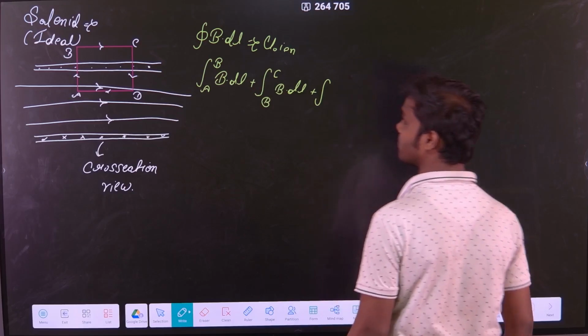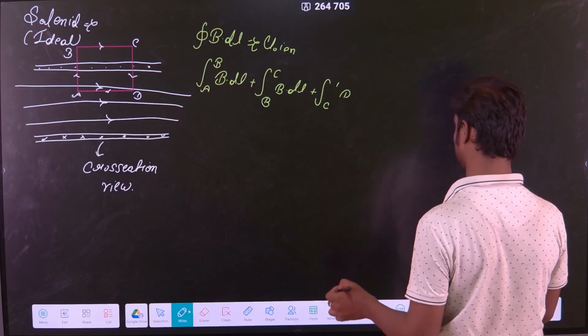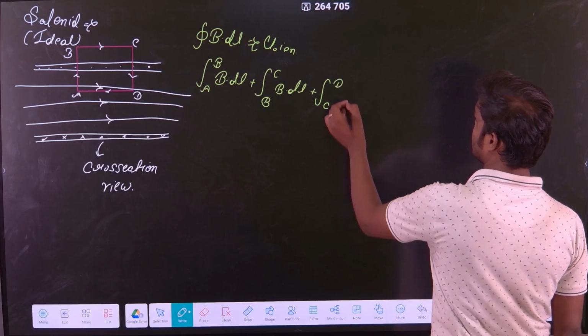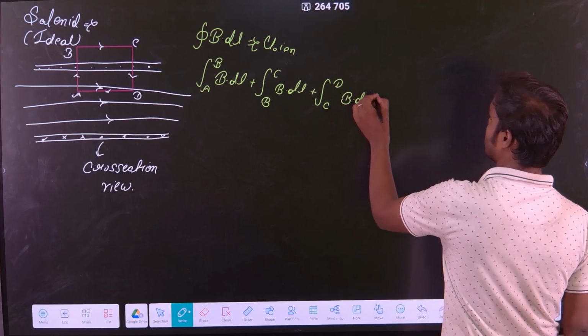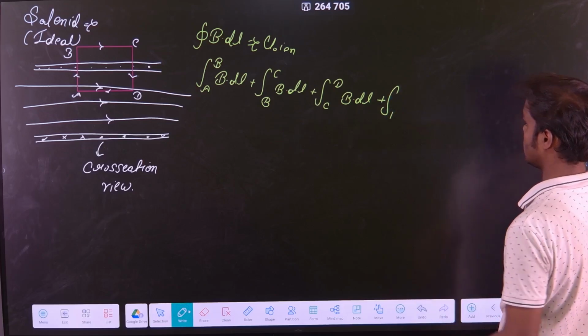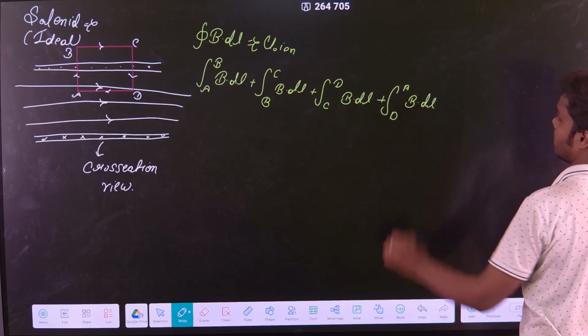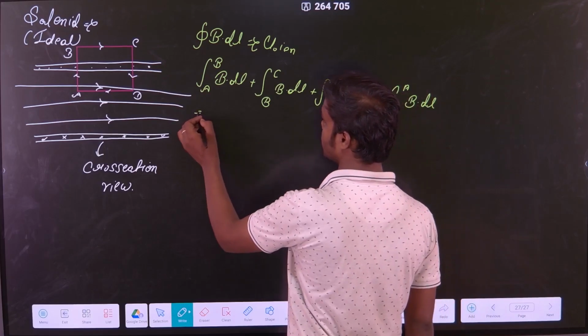Then C to D, B dot dl, and D to A, B dot dl. Correct? So first tell me for A to B.